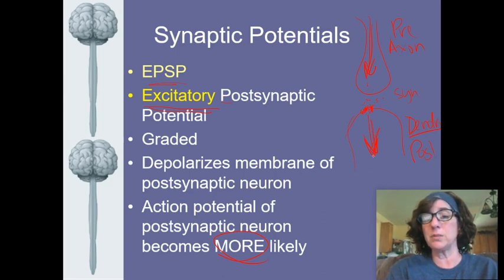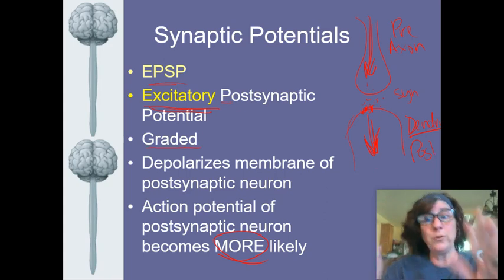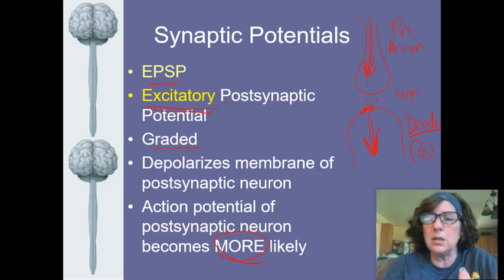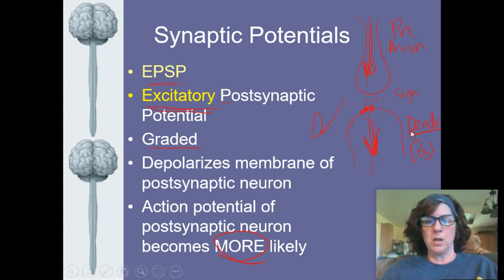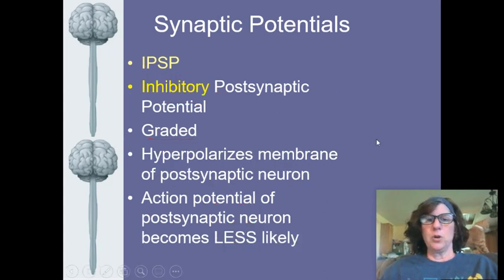So we're going to have that action potential actually occur. These guys are saying, yes, send it on. It is graded, so it can be yes, yes, yes, send it on, or just yes, send it on. So it does allow for that regulation of how much we're going to send from one to the next one, next one, next one, too. All right, but much more likely to occur.